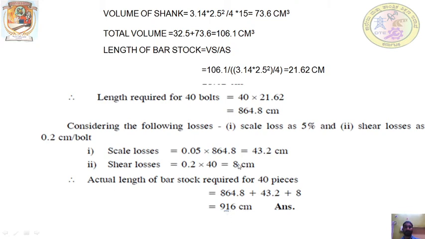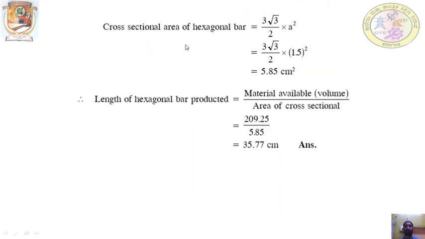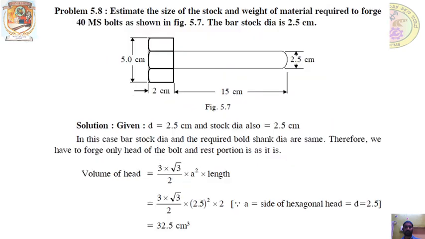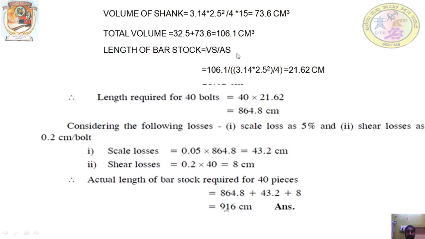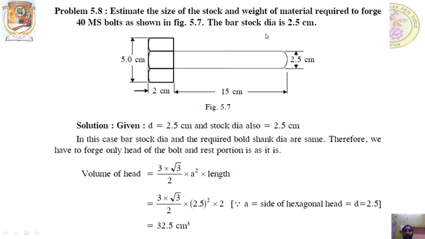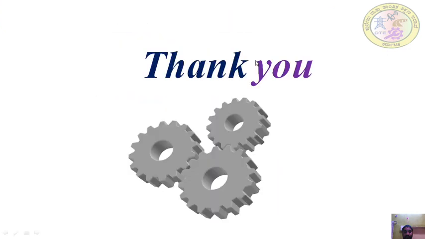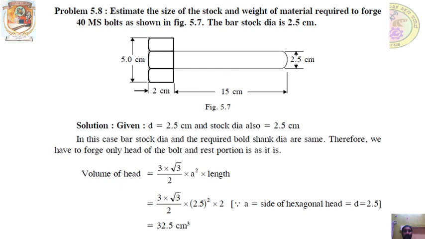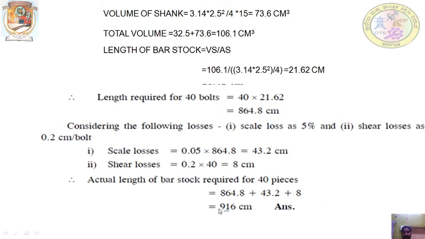916 is the actual length of the bar stock required. Then we need the weight of the material required for forging 40 bolts. So we need to find out the weight, and in order to do that, we have to assume the density.